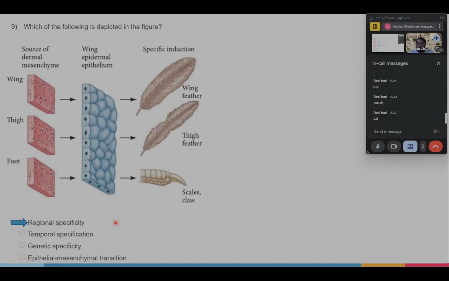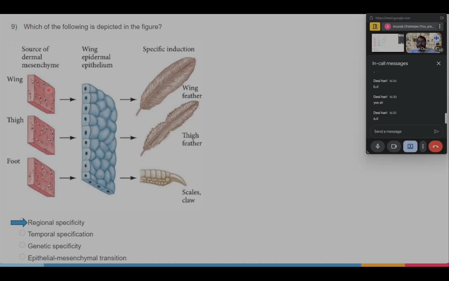So this is an example of regional specificity. What does regional specificity mean? As we saw with the optic cup and the surface ectoderm, a similar scenario occurs here. The mesenchyme is the inducer and the epithelia is the competent cell layer. The inducer sends out a signal, and the competent cell layer catches it. But interestingly, depending on where the mesenchyme is from, it sends out different signals.